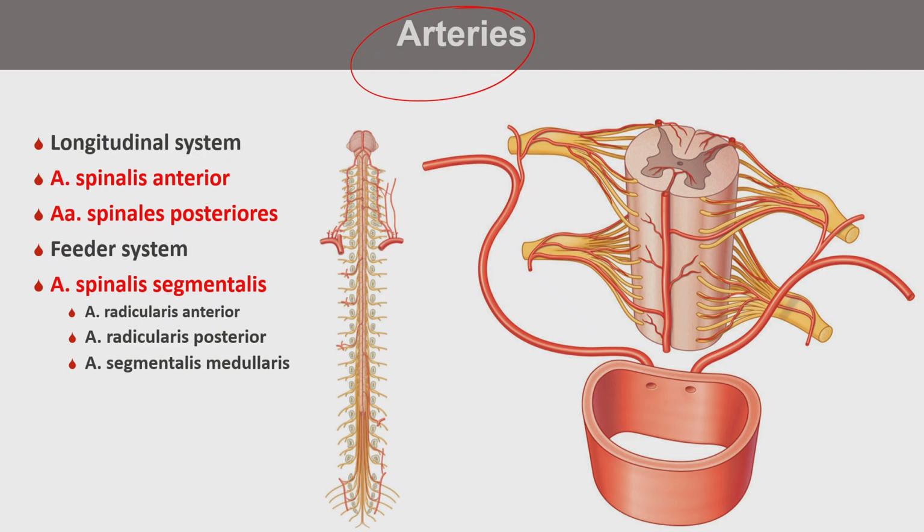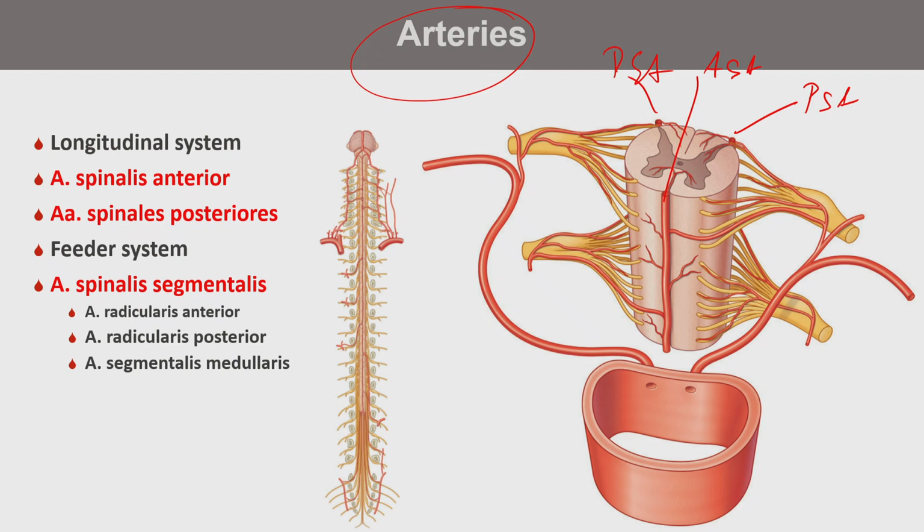The spinal cord has a longitudinal system of 3 arteries, which are the anterior spinal artery and 2 posterior spinal arteries. They are going along the whole extent of the spinal cord, and they are fed by feeders which are on several segmental levels.